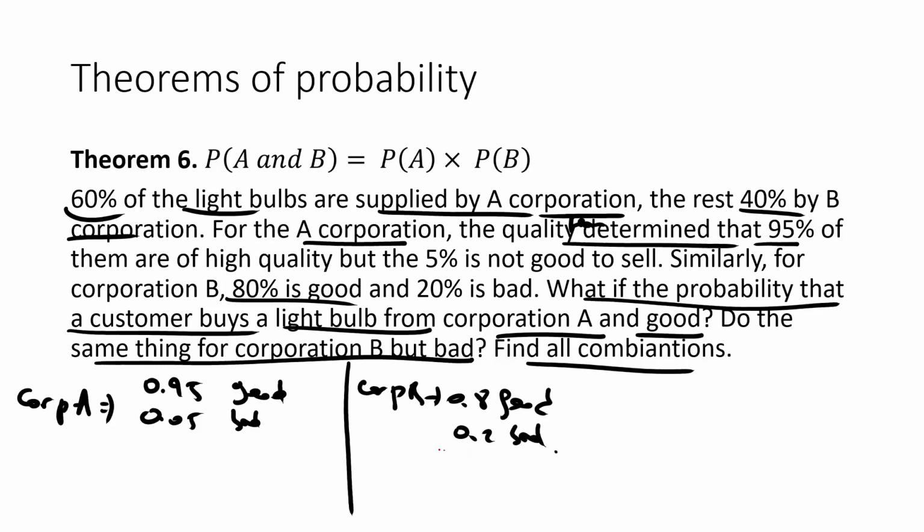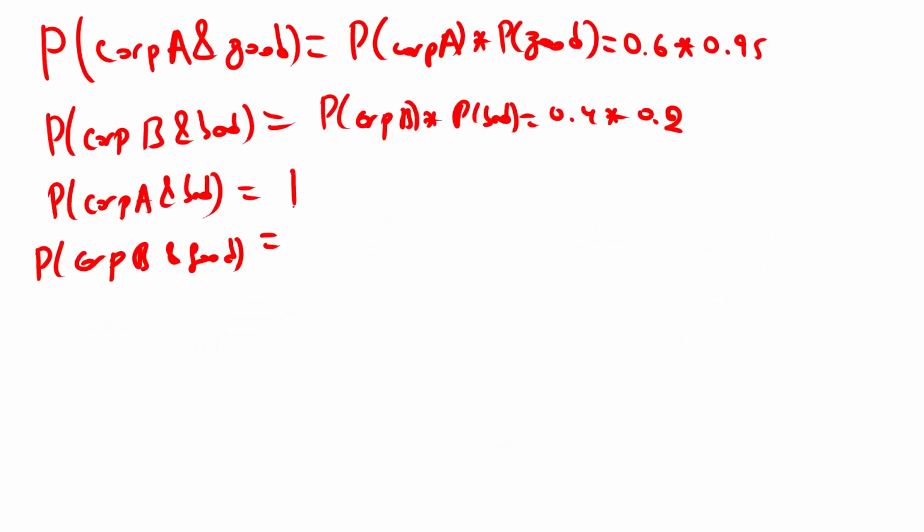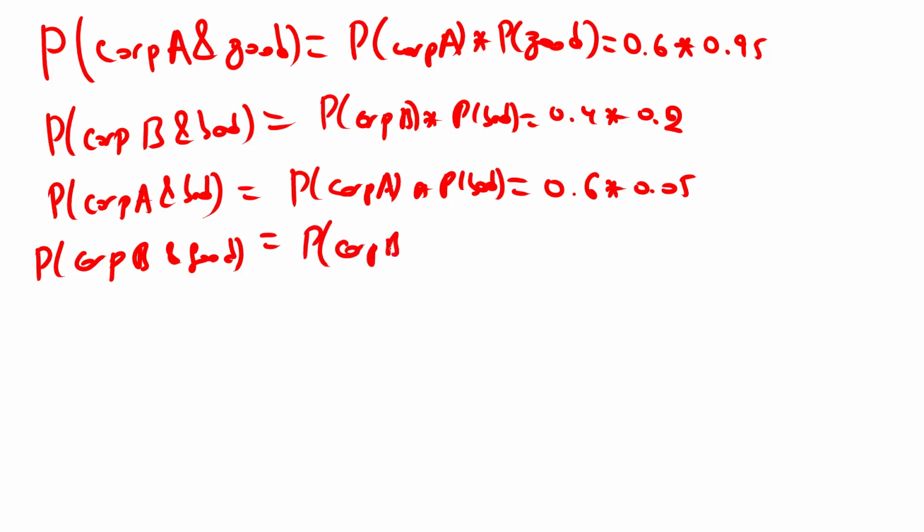If you go back here, 0.2 is bad. Similarly, the probability of corporation A times the probability it's bad will be 0.6 times 0.05, and then the probability of corporation B multiplied with the good will be 0.6 times 0.9.